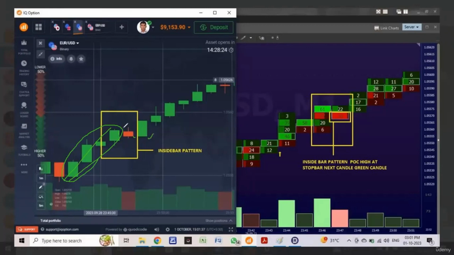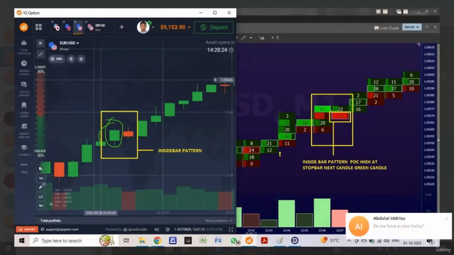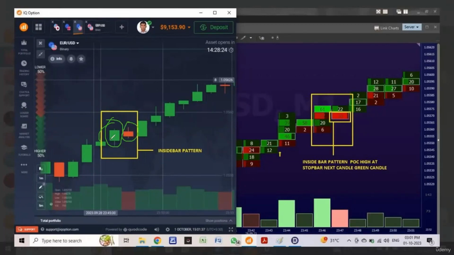First of all, we have to observe this candlestick, this one. After that, this one. This is a strong move made by the buyer side.